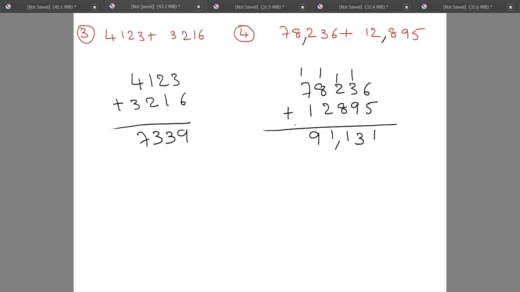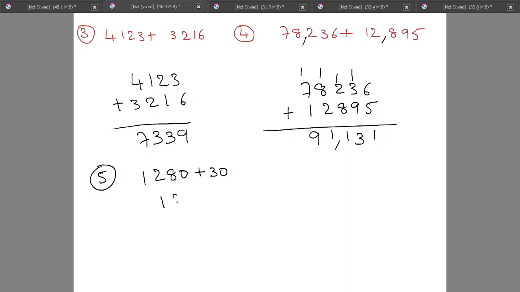Now let me add one more sum here. The fifth one: if we have to add 1280 plus 30, how do you do it? This number is a 4-digit number and this is a 2-digit number.